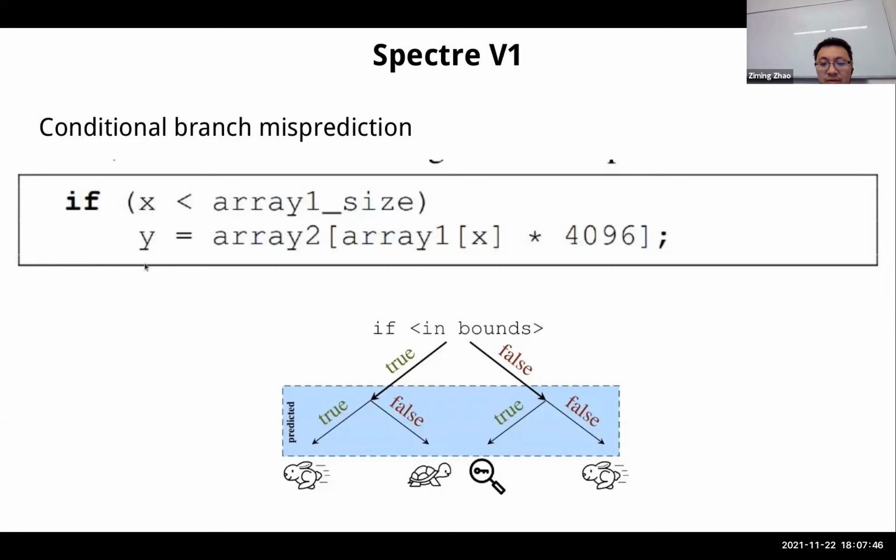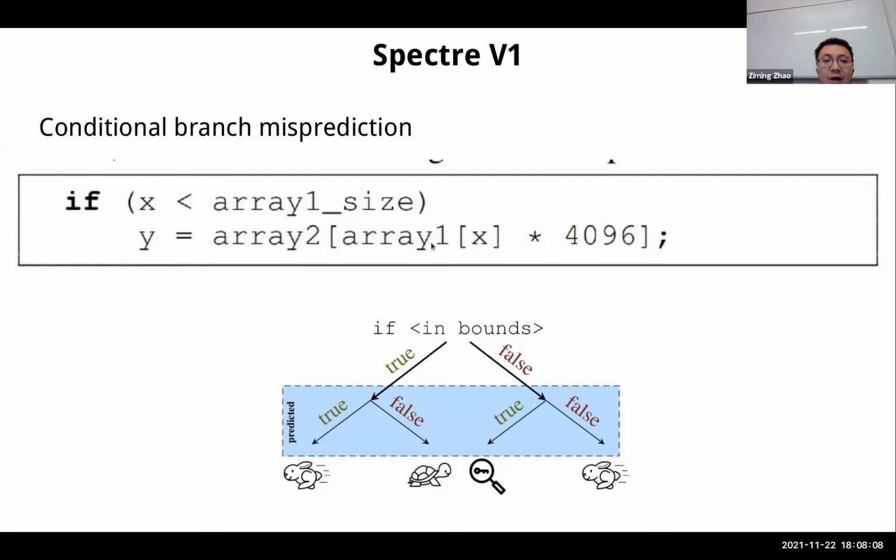The vulnerability here is that if the CPU finds out later this condition is not met, x is greater than this, then the CPU knows, oh, I'm not supposed to execute these several instructions.